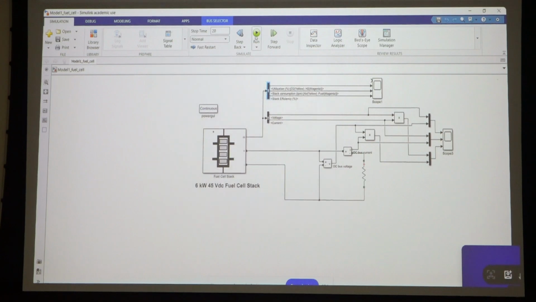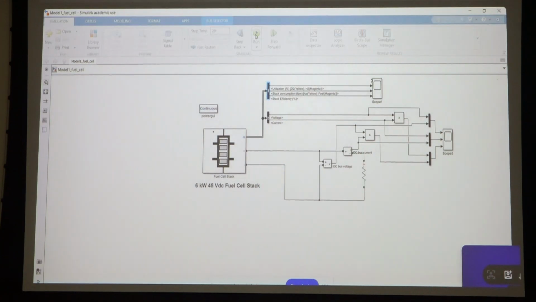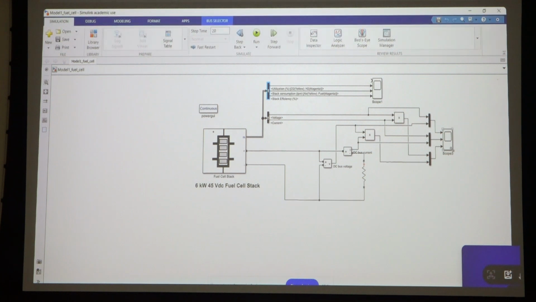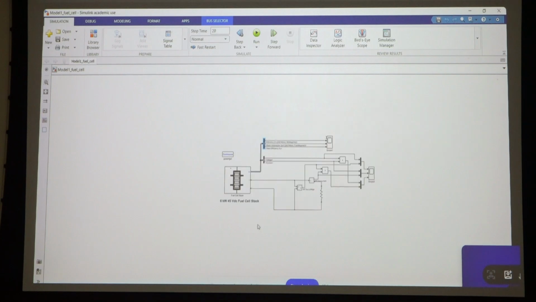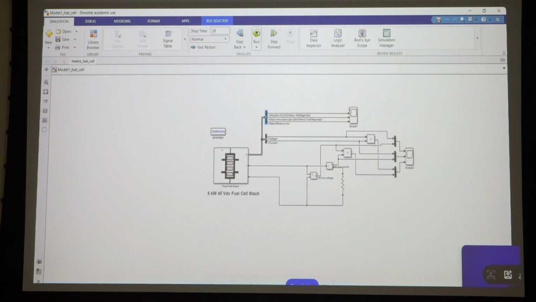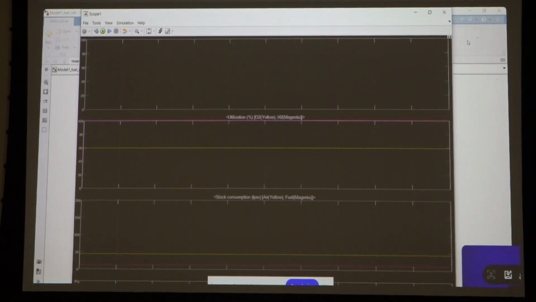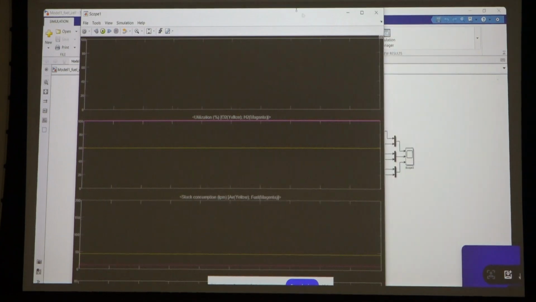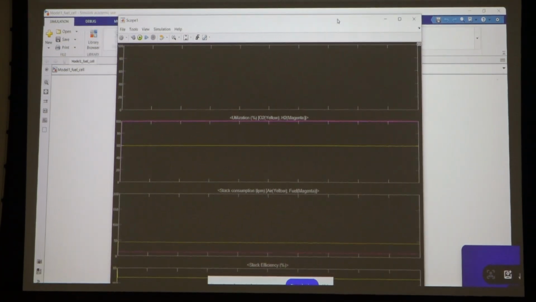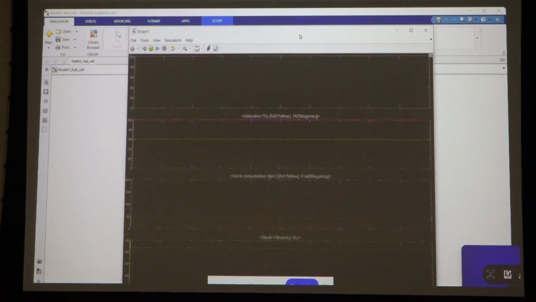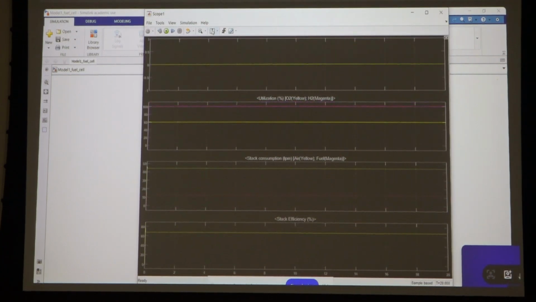So if we run this model, here we see utilizations. These are two types of utilizations: oxygen utilization and hydrogen utilization.